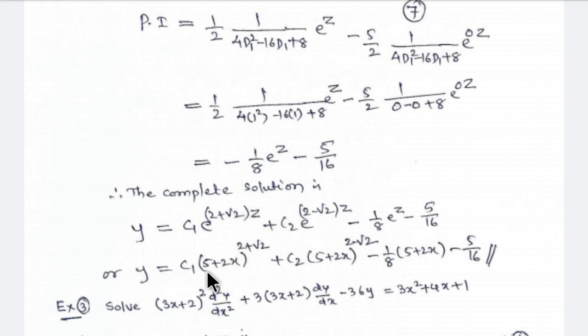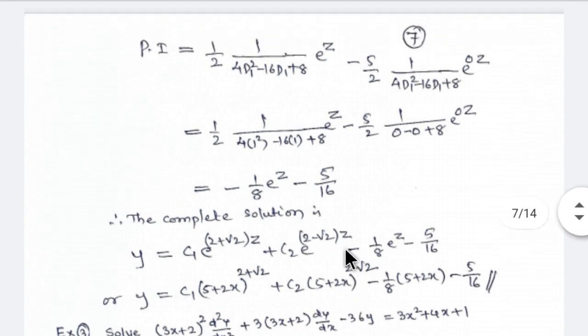So substitute back. y is equal to c1 into, in the place of e raised to z you write 5 plus 2x, (5 plus 2x) raised to 2 plus root 2, plus c2 into (5 plus 2x) raised to 2 minus root 2, minus 1 by 8 e raised to z, e raised to z directly replaced by 5 plus 2x, minus the constant 5 by 16.